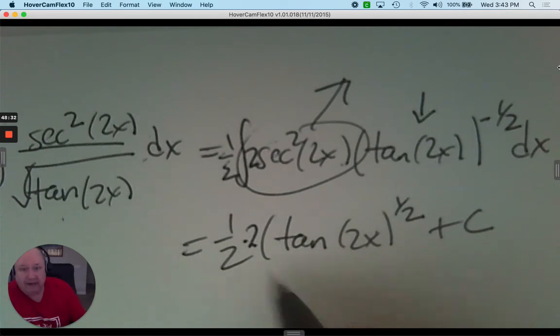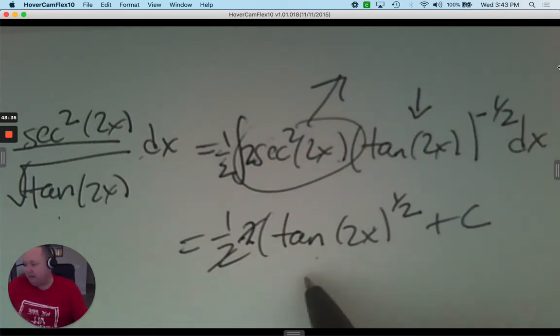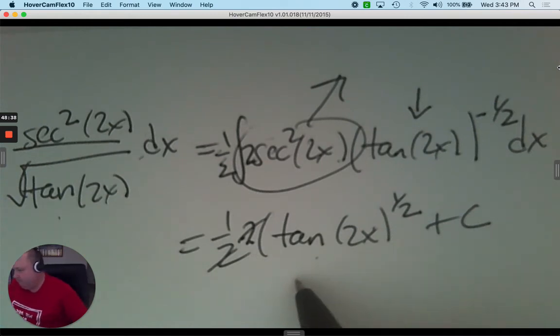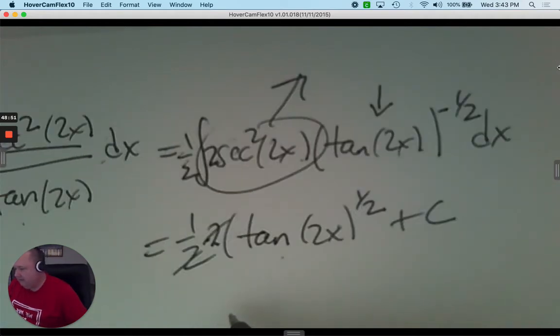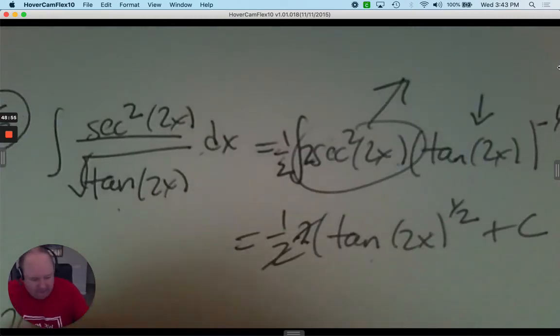So the 1/2 times 2, they cross out. So it's just tangent 2x to the 1/2 plus c. Checking. Yeah. All right. Number 26.